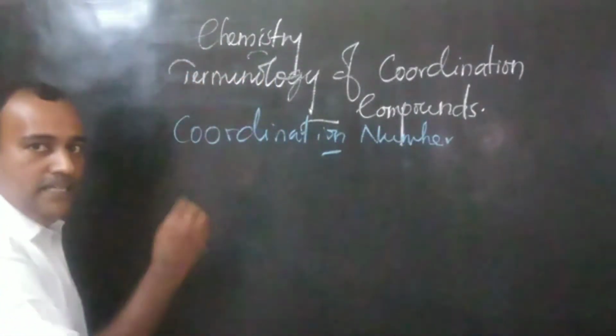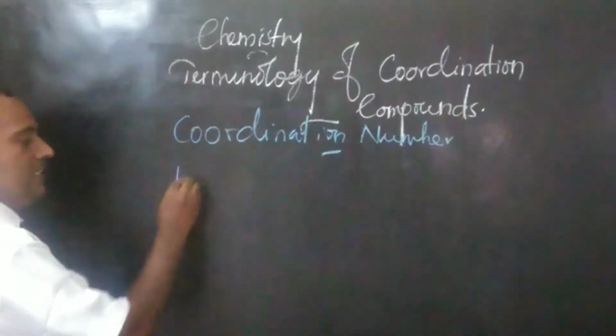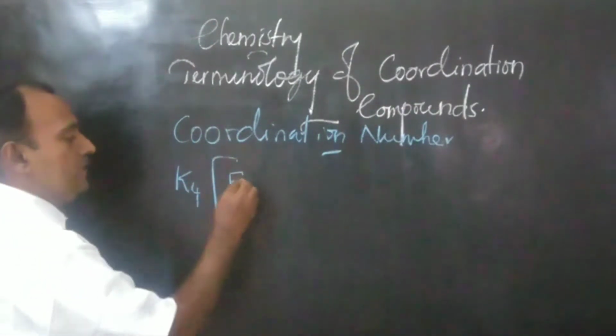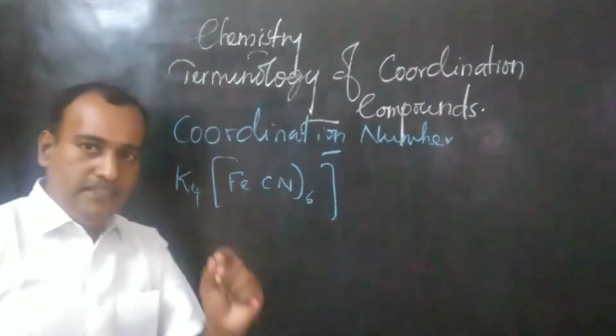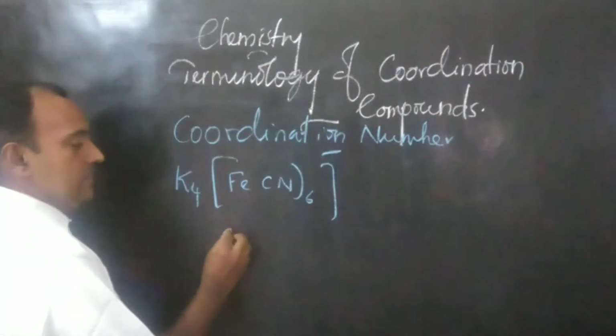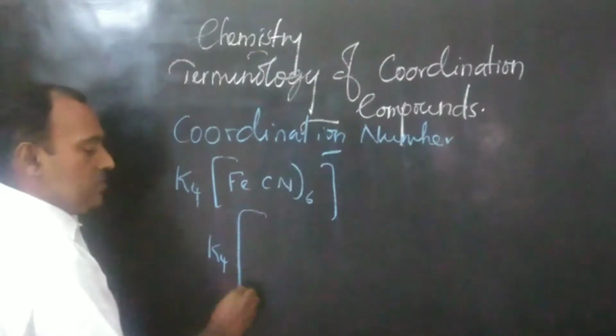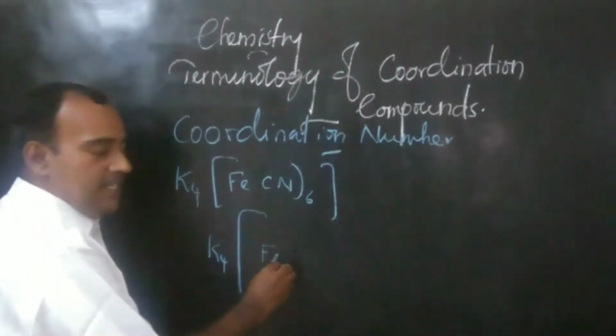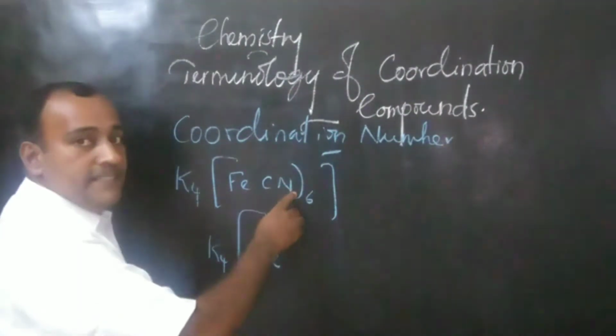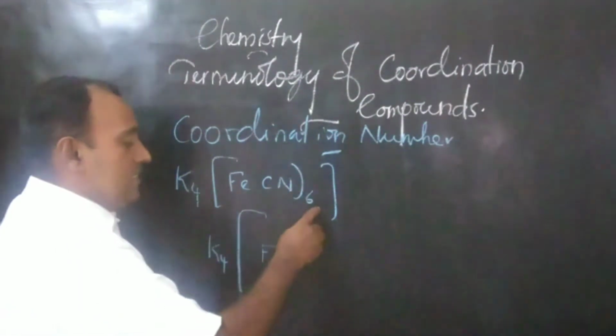For example, consider K4[Fe(CN)6]. In this compound, K4 is the outermost, that is the counter ion. Fe is the central metal atom. How many cyano ligands are present? 6.